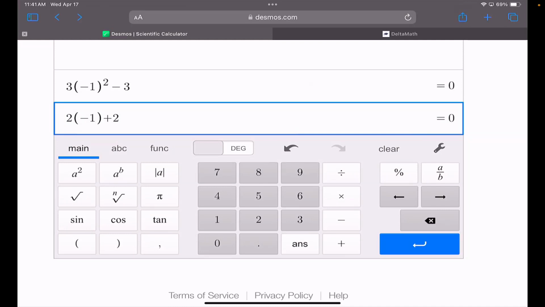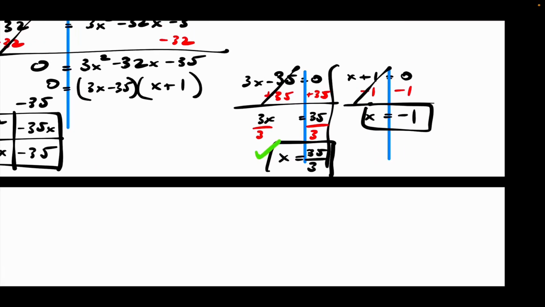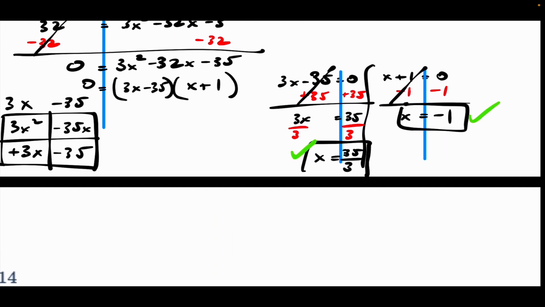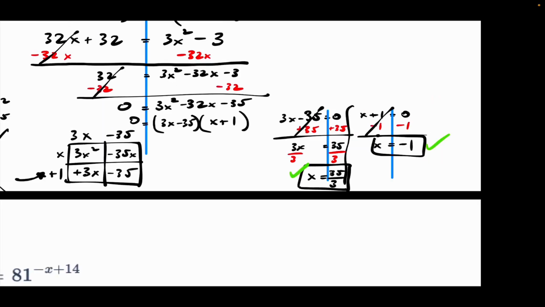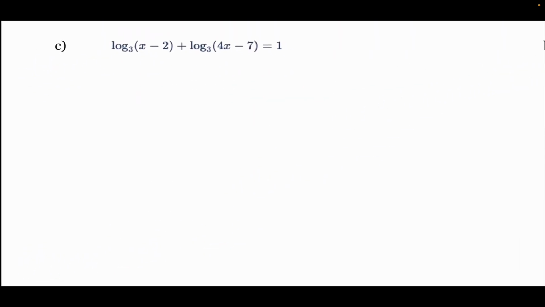It's barely okay, but it works. It doesn't give me negative, so that guy's okay as well. So 2 boxes: 35 over 3 is in one box, negative 1's in another box. Okay, all right, so let's go to the back.